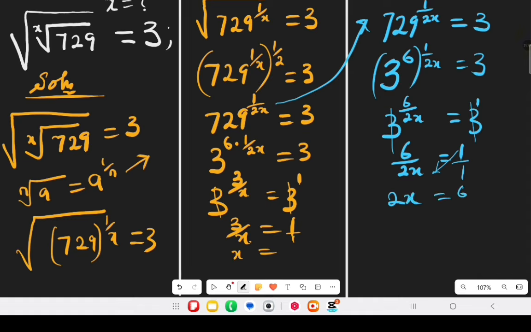Then the next step, we divide both sides by the coefficient of x, which is 2. And when we do that, we have 2x all over 2 equals 6 all over 2. We cancel 2, left with x equals 6 divided by 2 gives us 3. So 3 is the answer.